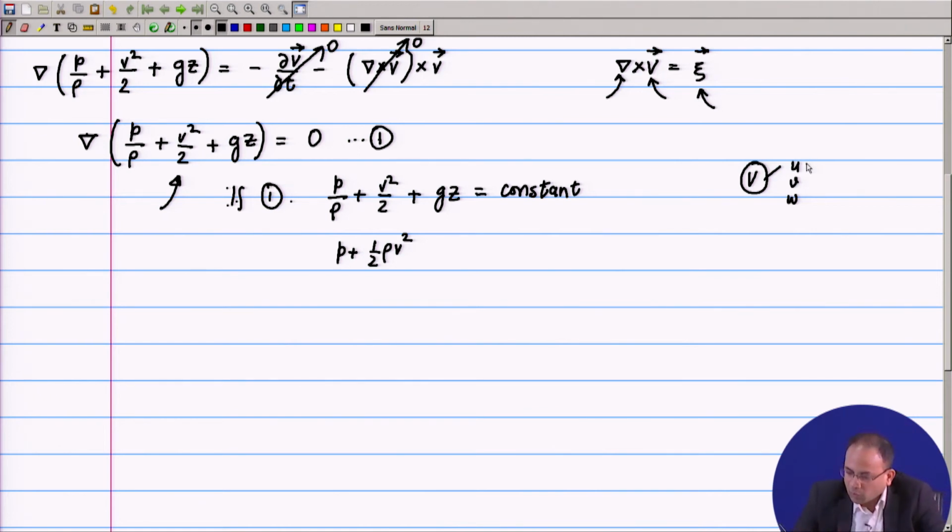So, think of it as small u, small v, small w, and the net as capital V or capital U. So, here we have used capital V plus rho g z is equal to constant. And I said in aerospace or aerodynamics problems, we often ignore the gravity term because that is a small contribution.